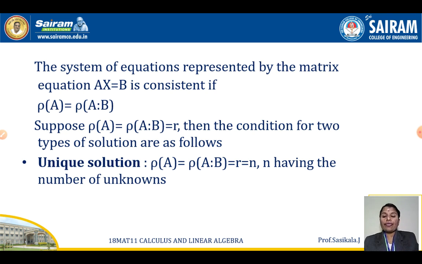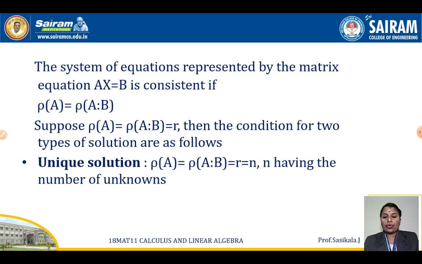The rank of A and of the augmented matrix [A B] should be equal. Suppose rank of A is equal to rank of [A B], which is equal to r. Then there are two types of solutions, as follows.